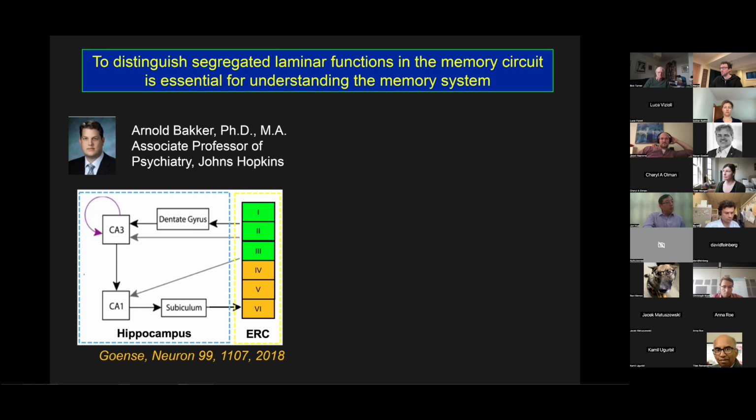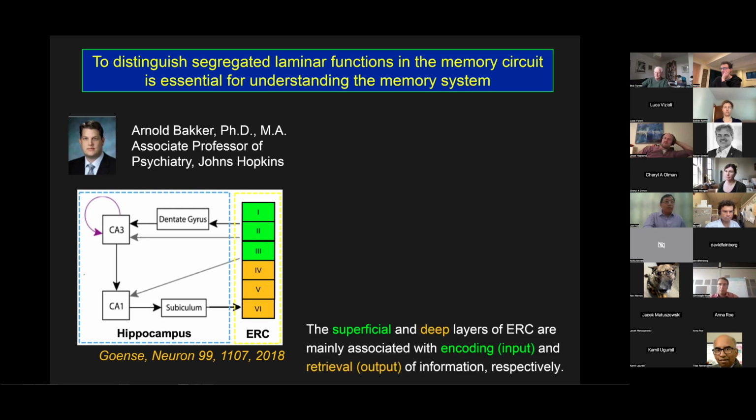In particular, the entorhinal cortex, based on my understanding, of course, from Arnold's insights, has 6 layers. The so-called superficial layers are more associated with encoding of information, or considered the input component of the pathway to the hippocampus.